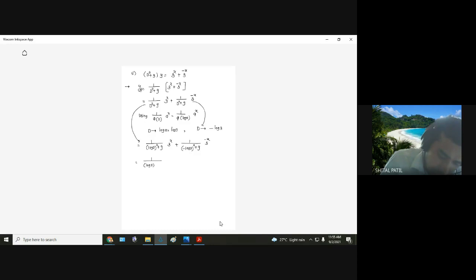Log 3 square plus 9, 3 raised to x, plus this minus sign will cancel. So log 3 square plus 9, 3 raised to minus 6. You can keep answer as it is, or if you want you can simplify it. Coefficient is same.